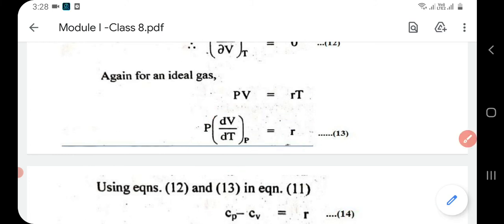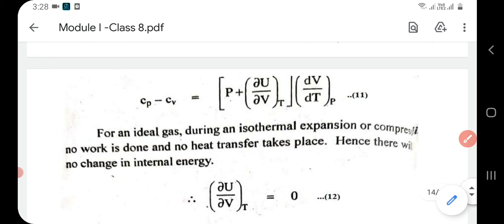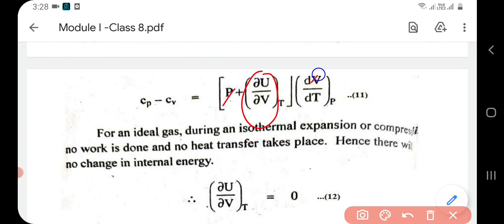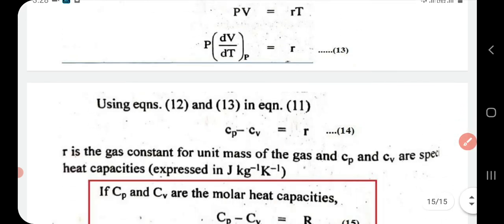Okay, so here in this equation we have already seen that this is equal to 0. Now we are left with the P dV by dT at constant pressure, and now we have found that it is equal to R. So you will read the equation as Cp minus Cv is equal to small letter r.